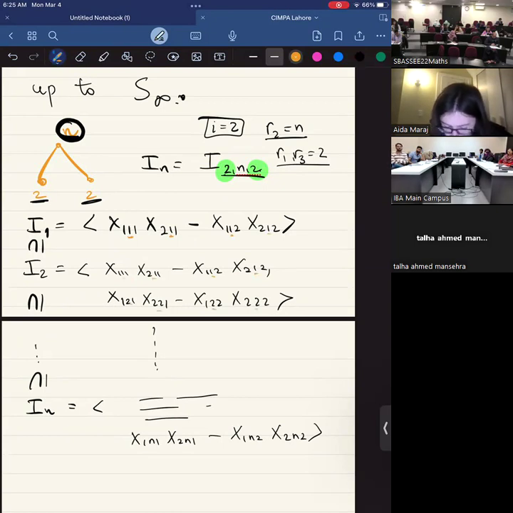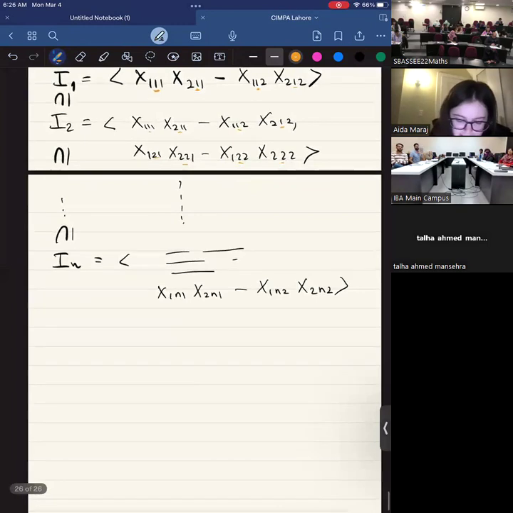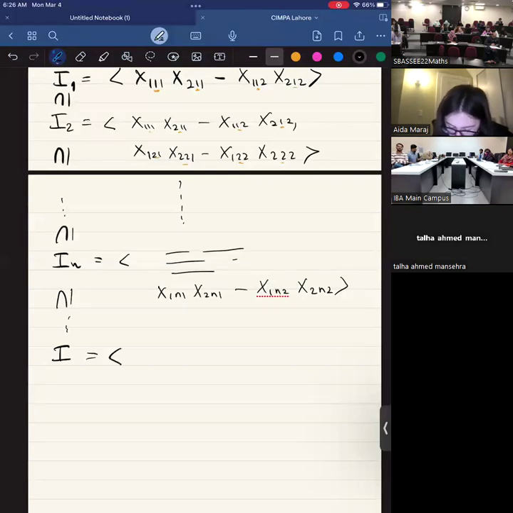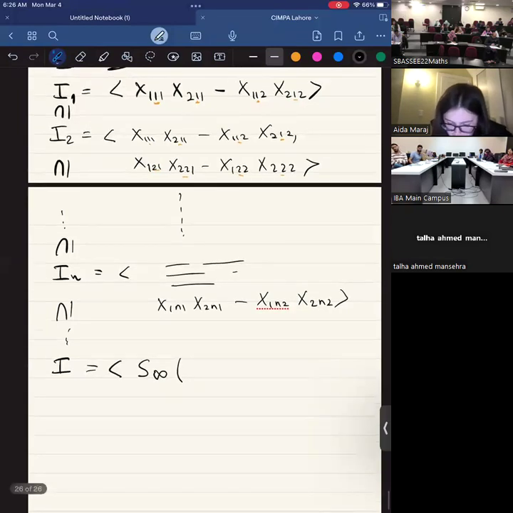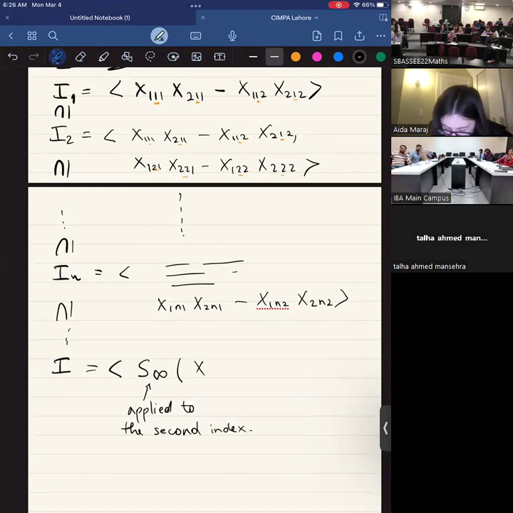And one can even, in this case, make a guess on I. So I is in fact S infinity applied in the second index, of just x_{1,1,1} x_{2,1,1} minus x_{1,1,2} x_{2,1,2}.